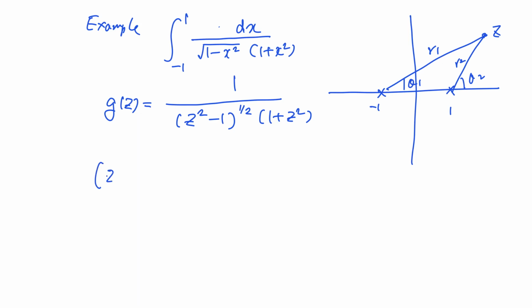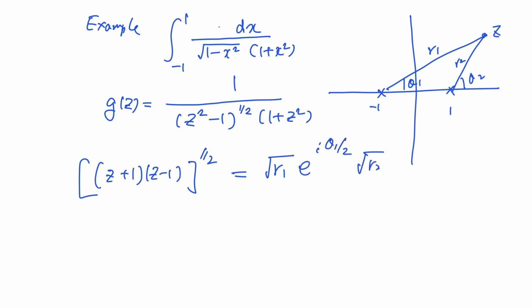Square root of z plus 1, to the half. Which is what? Square root of r1 exponential i theta 1 over 2, times square root of r2 exponential i theta 2 over 2, right? So this is square root of r1 r2 exponential i theta 1 plus theta 2 over 2.